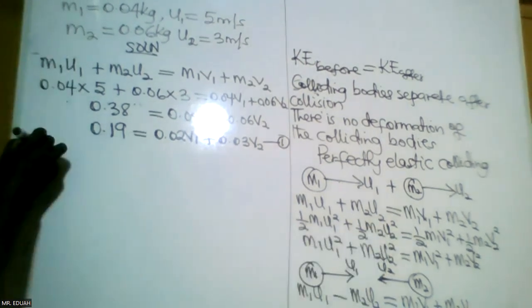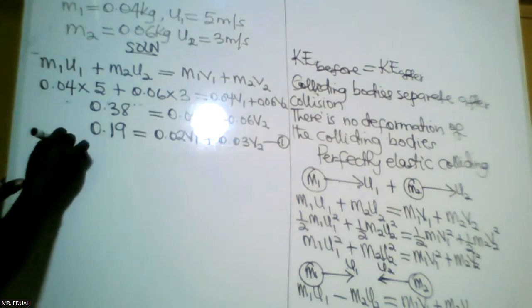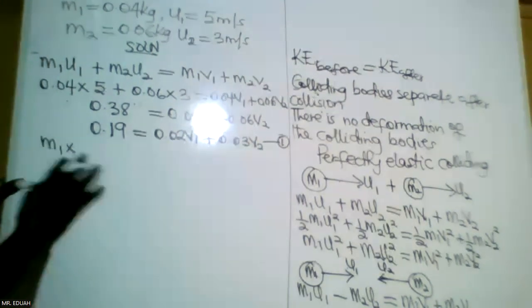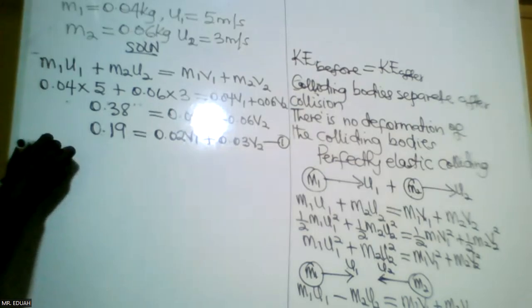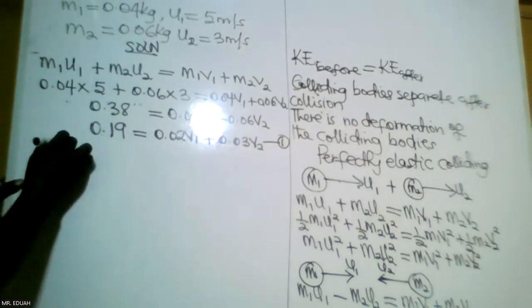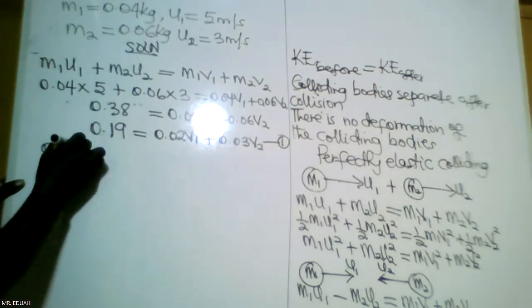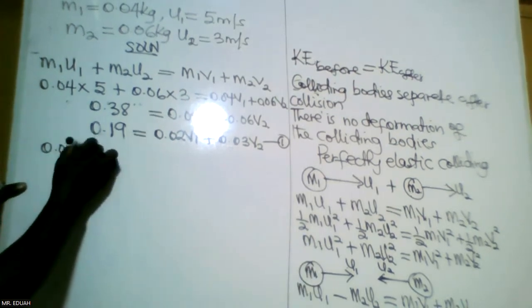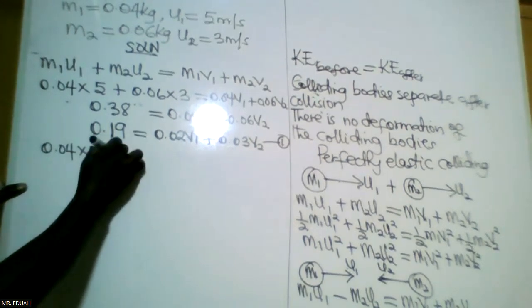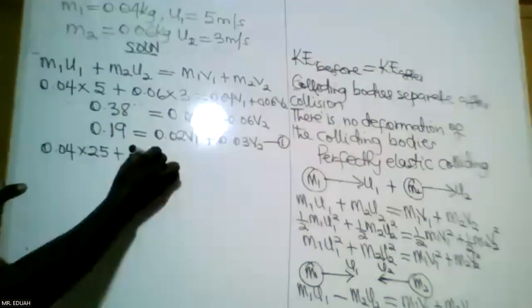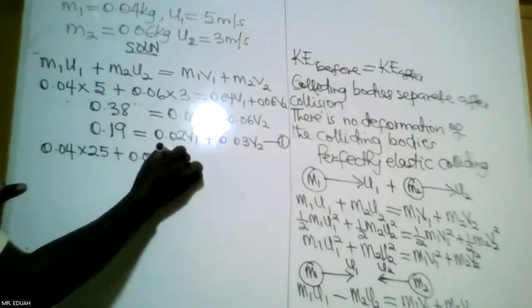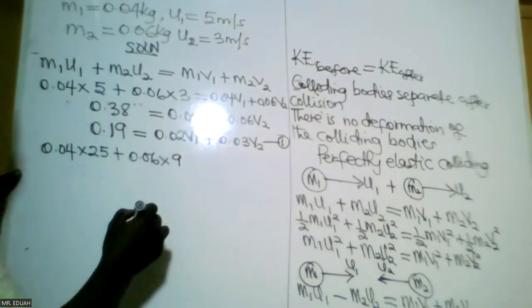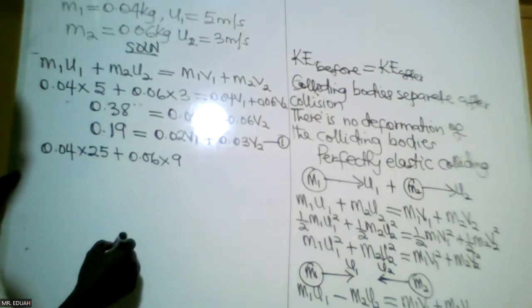Let's use this. M1 times, let's do it straight away. 0.04 times U1 squared. So 25 plus 0.06 times 9. Okay.